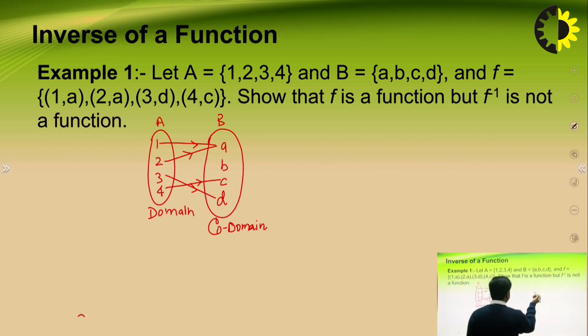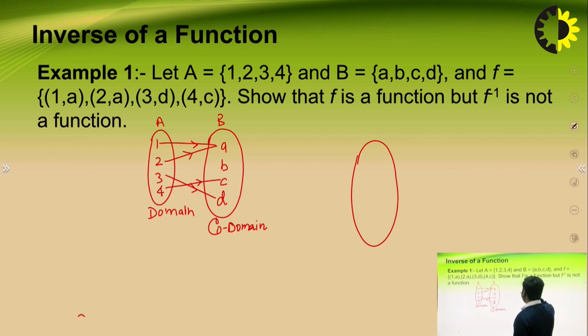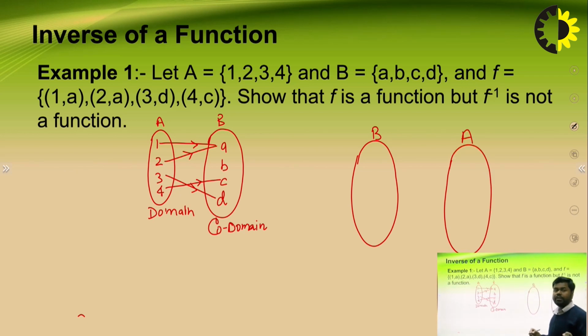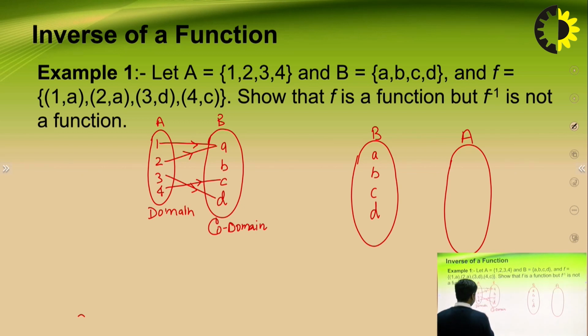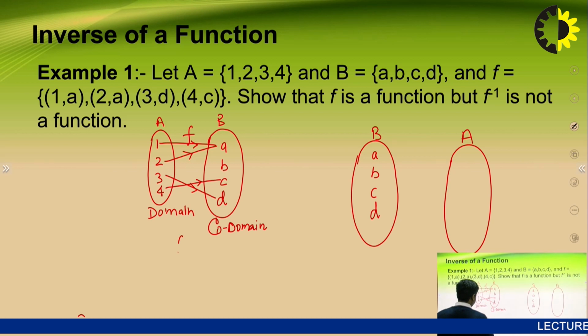But now we are taking f inverse. Okay, for f inverse we are taking b and a. Now we are taking this one. This is the statement. F inverse means we can change it. Okay, now for the set B I am writing a, b, c and d. Here we can write that f is a function.